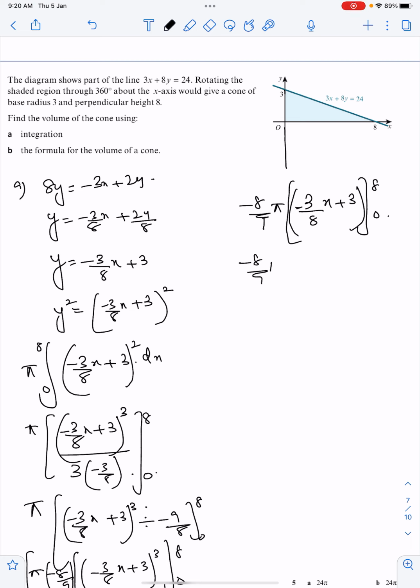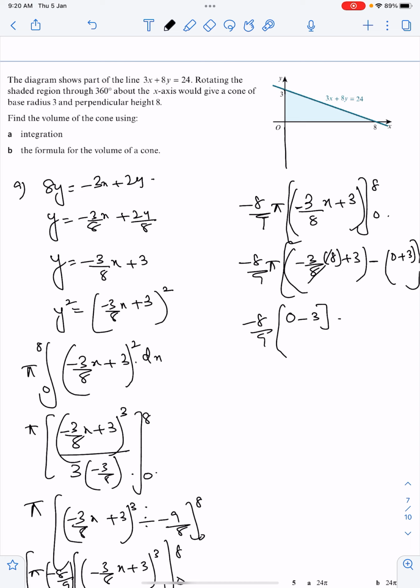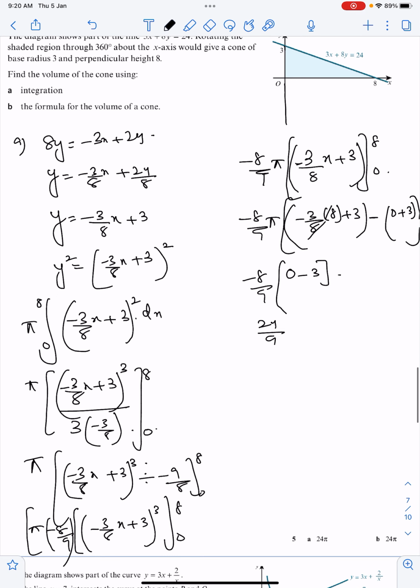Minus 8 upon 9 pi, negative 3 upon 8 times 8 plus 3 minus 0 plus 3. This is going to become 0, minus 3, which is 24 upon 9 times pi.